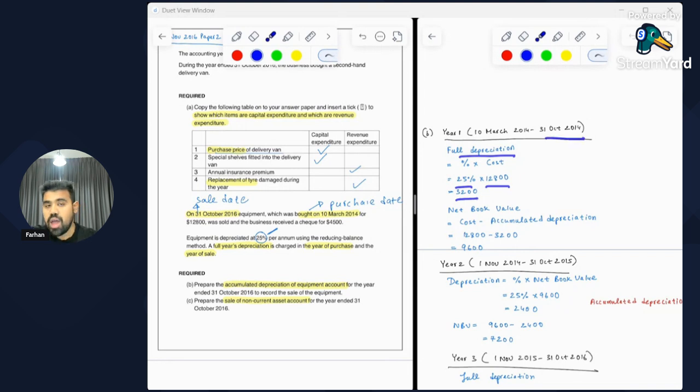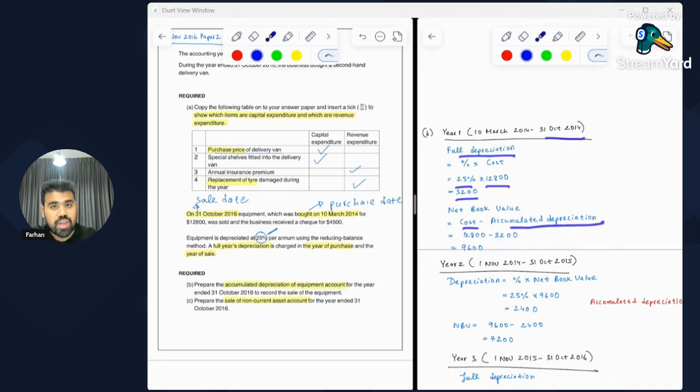Now, because you're using the reducing balance method, always remember to calculate the net book value at the end of the financial year. And the net book value at any given point in time can be calculated simply by finding the difference between the original cost and the accumulated depreciation.